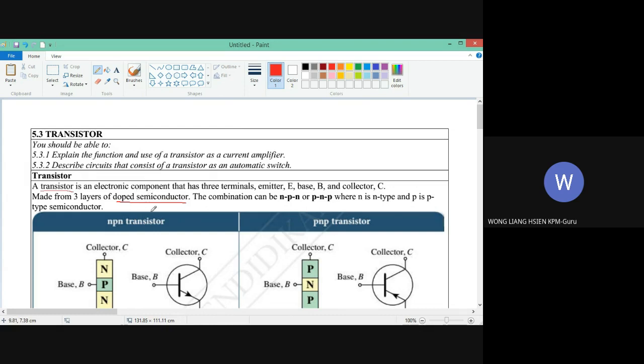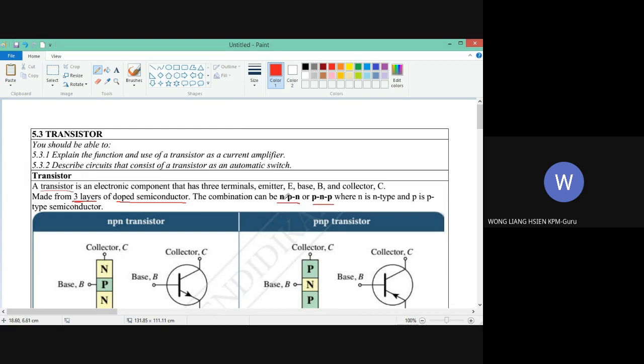Transistor is different from semiconductor diode. A semiconductor diode is made from two layers of semiconductor, N-type and P-type. But a transistor is made from three layers of those semiconductors. So the combination is NPN or PNP.